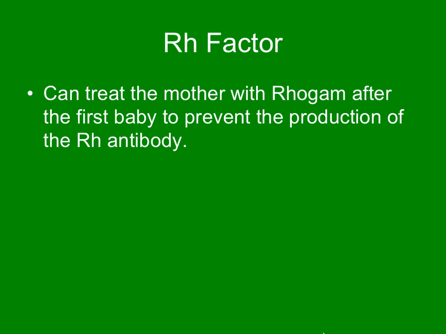So every time she has an Rh positive baby, she's going to need to get one of these shots, because it suppresses her immune system from carrying out its normal natural process. Otherwise, with any subsequent pregnancies, she runs the risk of having her baby either become a miscarriage or stillborn or have some serious problems when it is born.